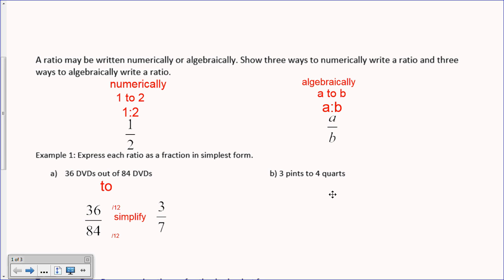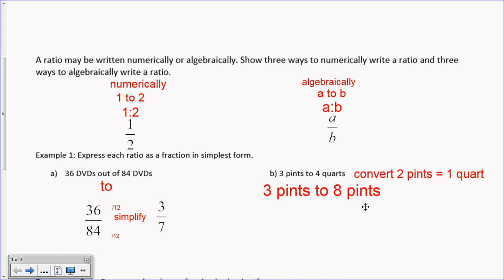Pints and quarts aren't the same measurement, so we actually need to convert it. Luckily, I looked it up for you, so this one is not a try on your own. 2 pints actually equals 1 quart. So if we have 4 quarts, that means we have 4 times 2, so we have 8 pints. So it's really 3 pints to 8 pints.